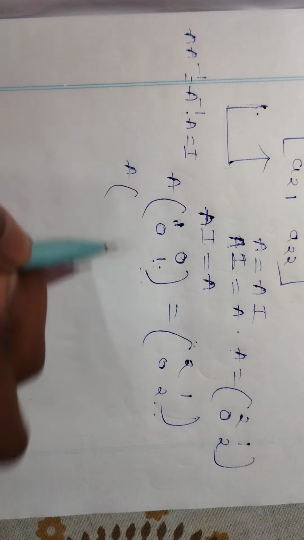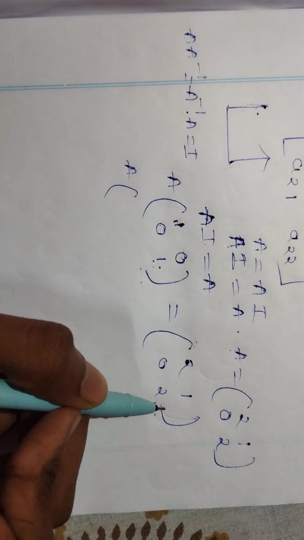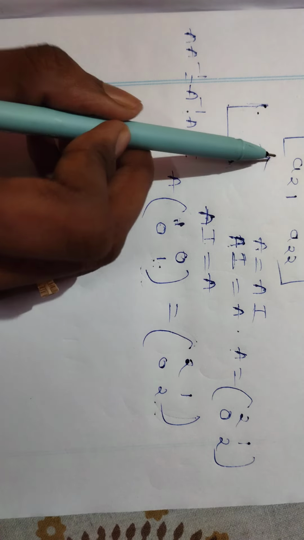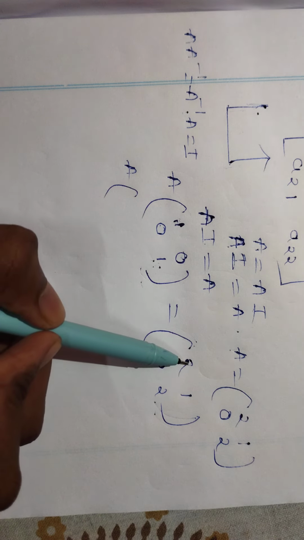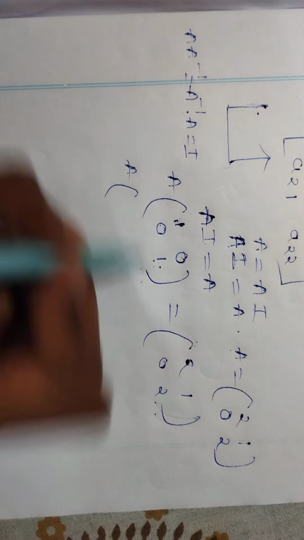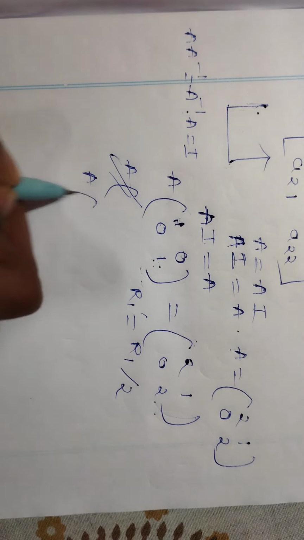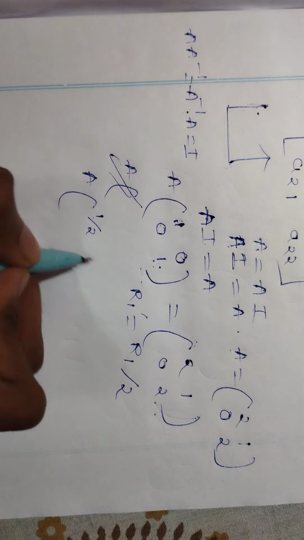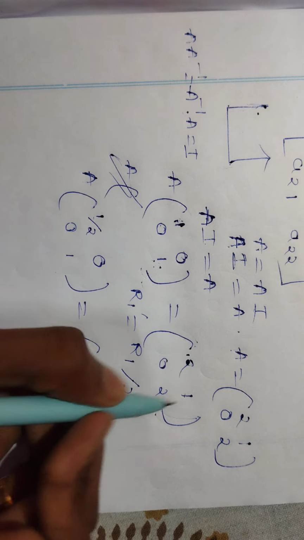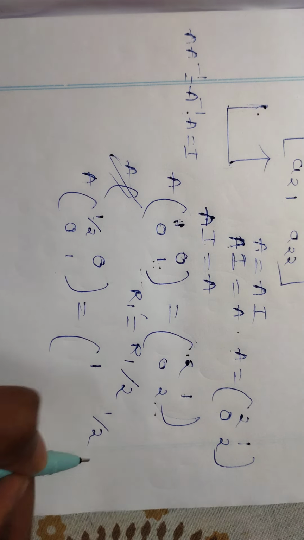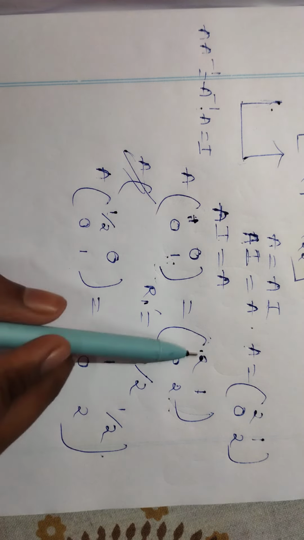So A into, we need to convert this into an identity matrix by using this. At first we need to transform this element 2 to 1. So r1 dash will be simply r1 by 2. A into, so 1 by 2, 0 by 2 is 0, 0, 1, and this should be 2 by 2, that is 1, 1 by 2, that is half, and row 2 as it is because we are transforming only row 1.